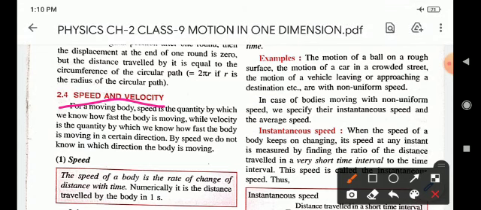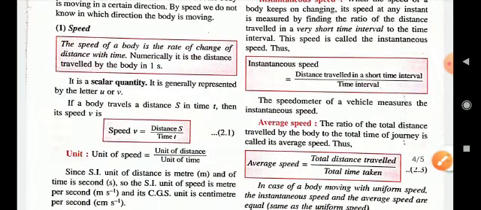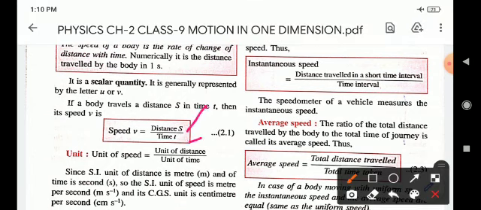We know that the speed of a body is the rate of change of distance with time. Very important part: speed is a scalar quantity. The formula is speed equal to distance upon time.